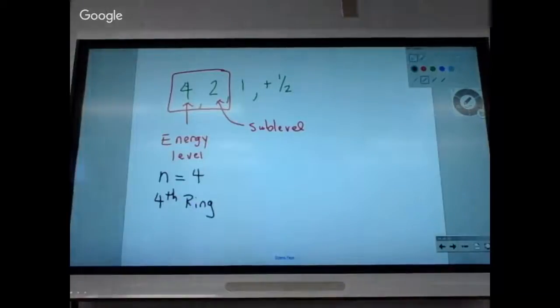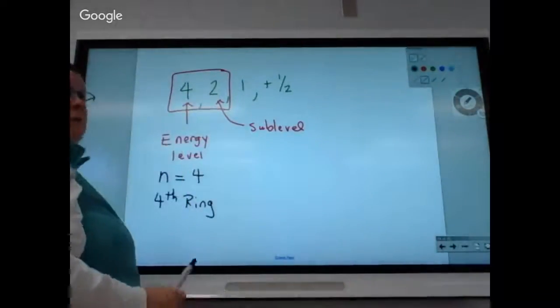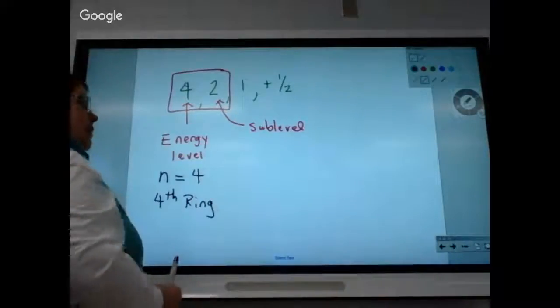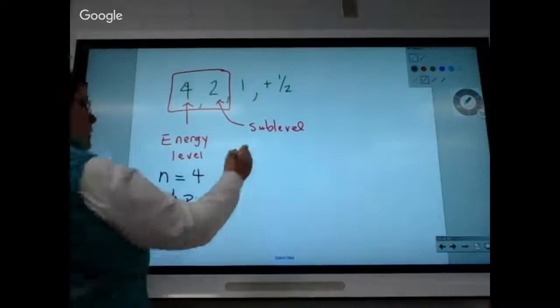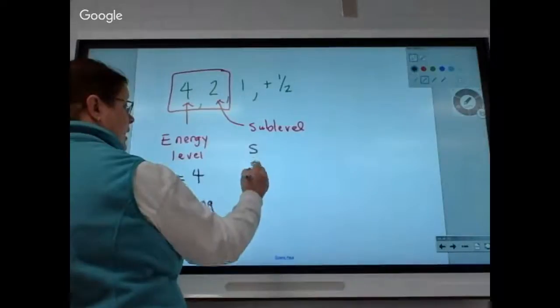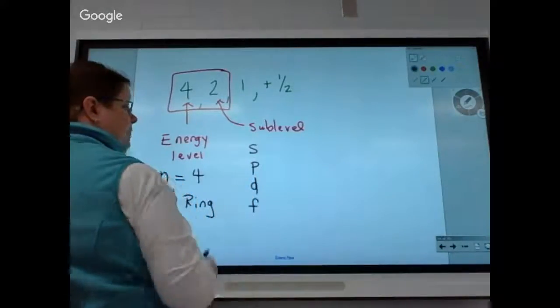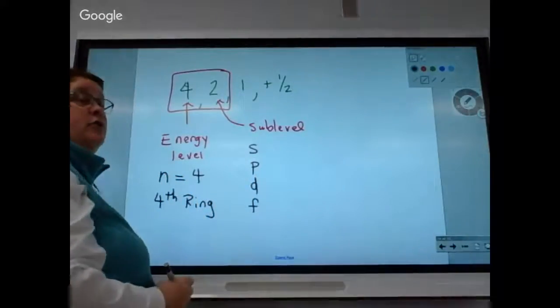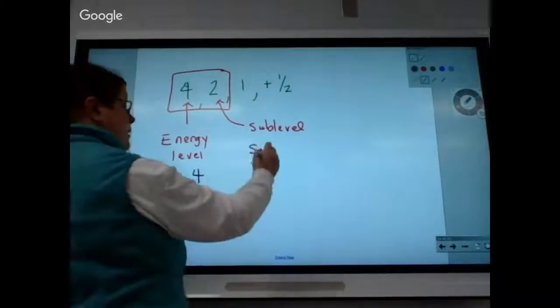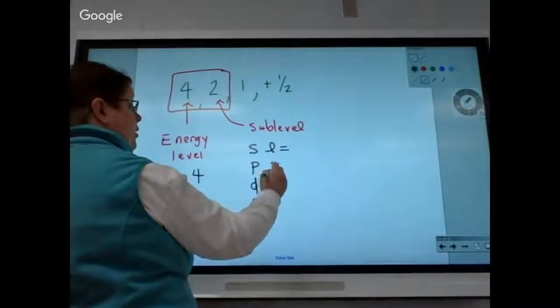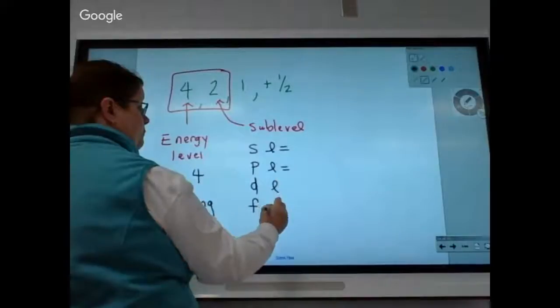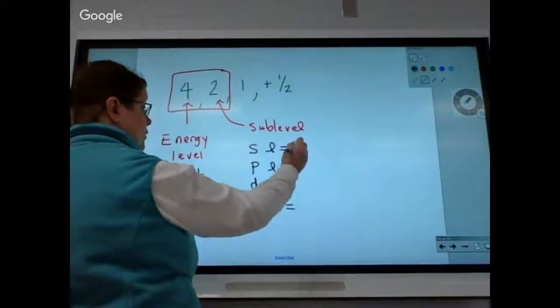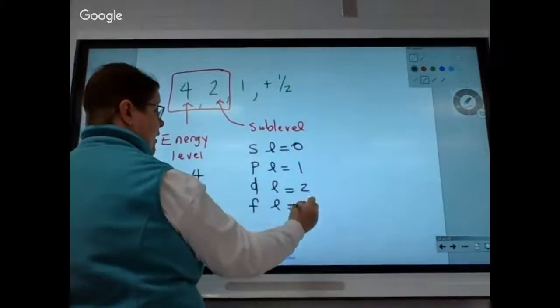So essentially, we're talking about the fourth ring. That's what that tells you about its location. Now, this is the sublevel. Which sublevel are we talking about? S, P, D, and F are assigned numbers, and this is where people screw up all the time. L is equal to what number for each of these? 0, 1, 2, and 3.